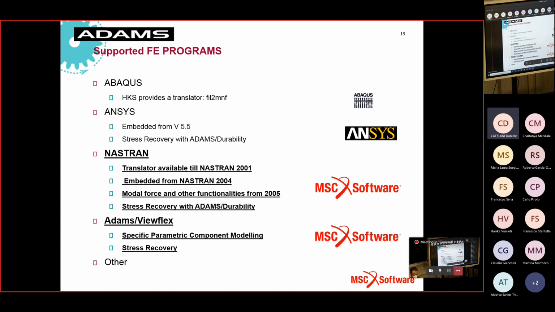The limitation is that in Adams you don't have the full preprocessor you have with Patran or Mentat or other preprocessors, but the preprocessor is limited to the target of Adams, so creation of a flexible body.